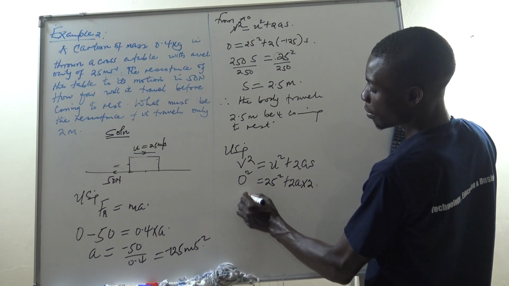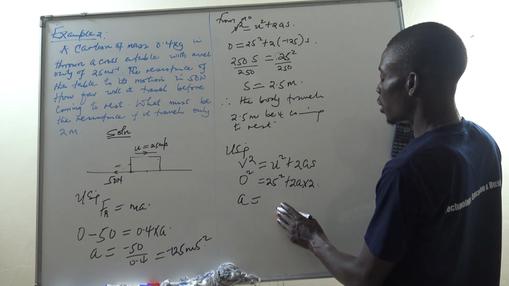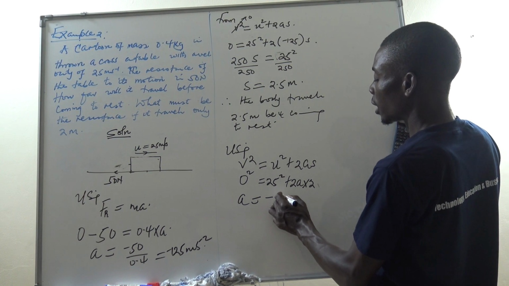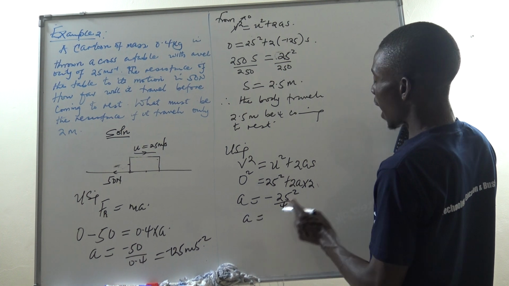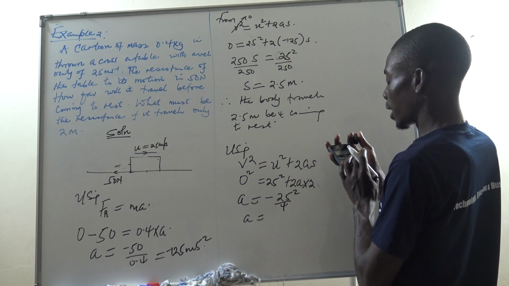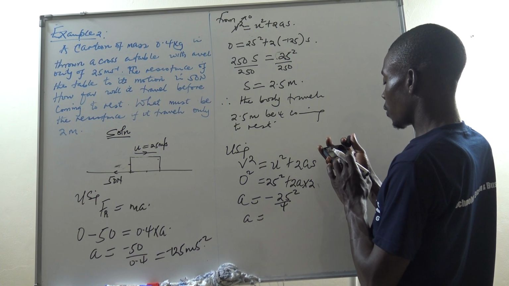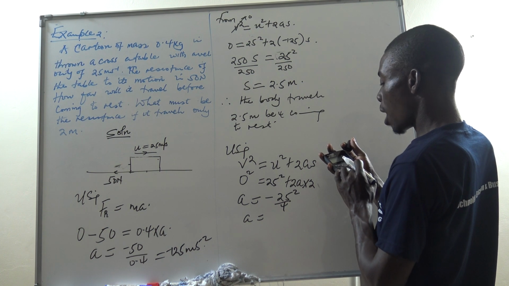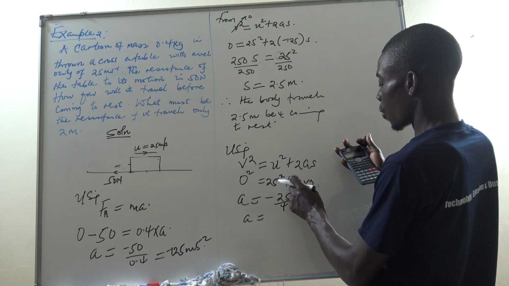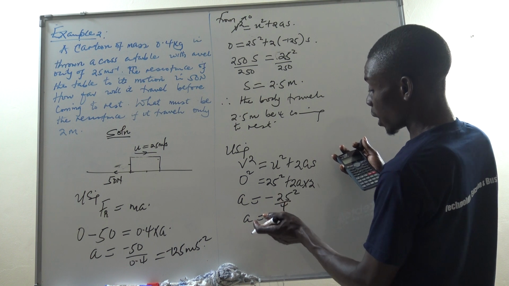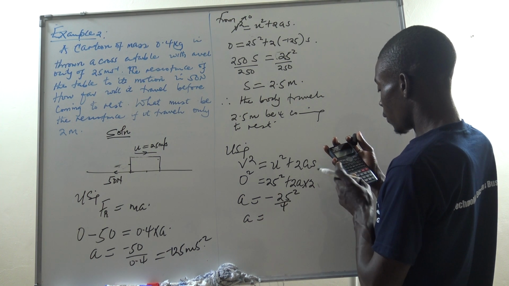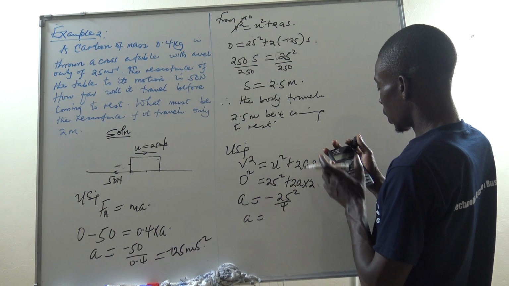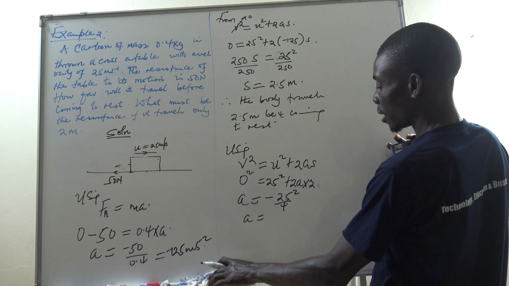So that means my acceleration is going to be equal to negative 25 squared divided by 4. What is my acceleration in that case? So that means 25 squared divided by 4. I think we're getting that. So divide by 4. That is 156.